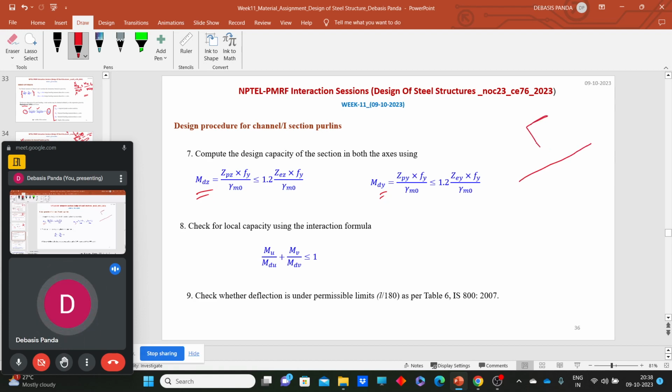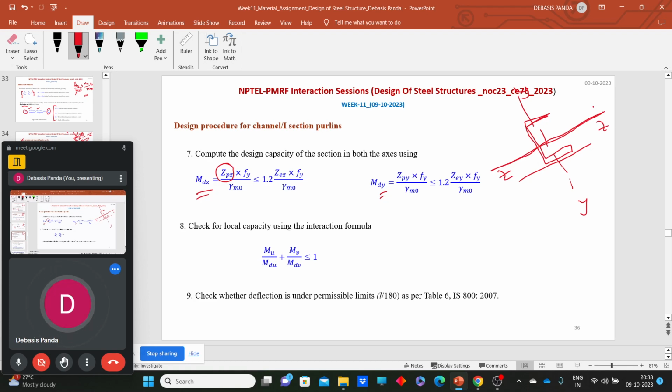This is the ZZ axis of the member and this is the YY axis of the member. When we calculate MDZ, we need to consider the plastic sectional modulus about ZZ axis. Now how to calculate the plastic sectional modulus? We have seen the formula, and these values are also available in the code.